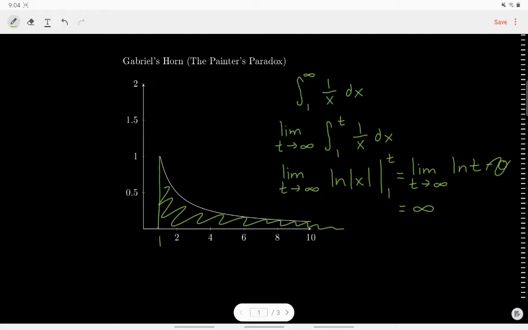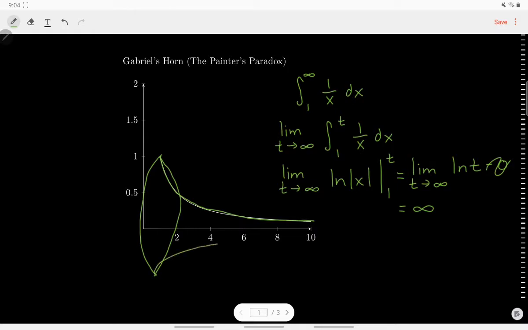All right, so that's the idea we're going to use for Gabriel's horn. But we're going to get more complicated here. Instead of just the area under the curve, I'm going to create a 3D shape and look at its volume and its surface area. So I'm going to take this 1 over x function and spin it around the x-axis. So that means it's going to come out of your screen and then go back behind your screen.